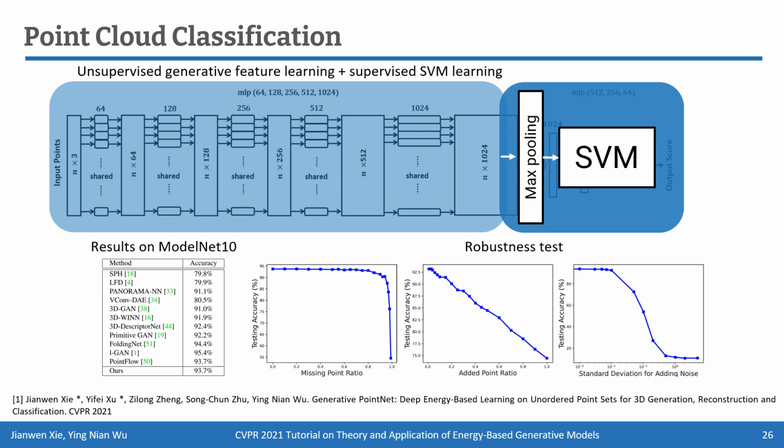Type 2 is added points, where we add extra points that are uniformly distributed into each point cloud. Type 3 is point perturbation, where we perturb each point of each point cloud by adding Gaussian noise. We report the classification accuracy of the classifier on the corrupted version of the point cloud data.